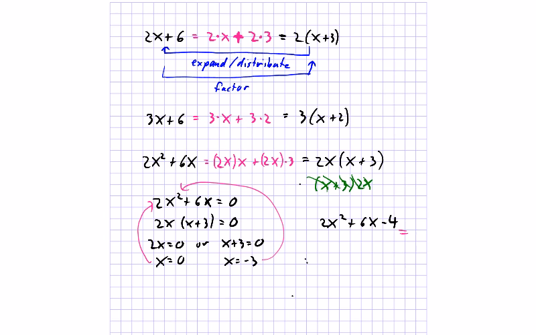But I still have a factor of 2 in every term. So I could factor out a 2, and that would leave 2 factors of x in the first term. And in the second term, it would leave a 3 and an x as factors. And in the last term, it's a negative term, so you have to leave the negative sign there. Factoring out a 2 still leaves a factor of 2.